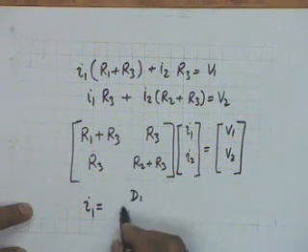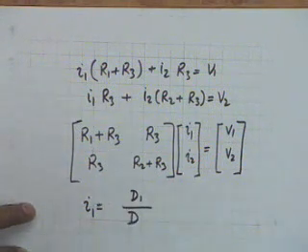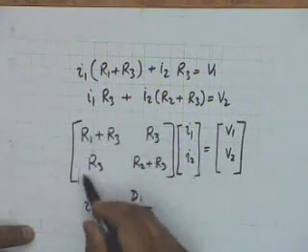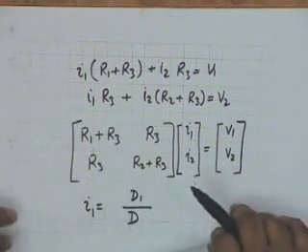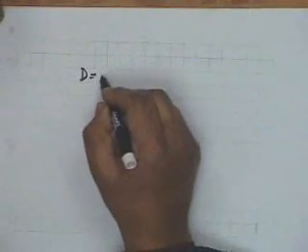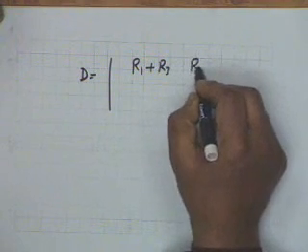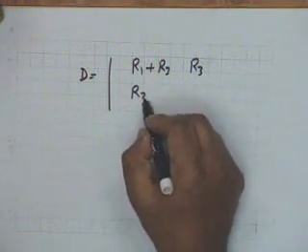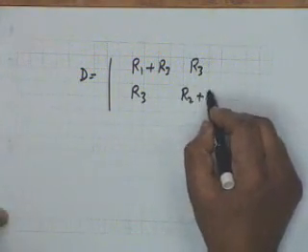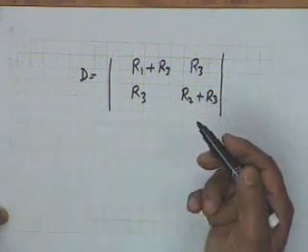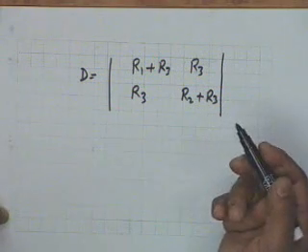D1 divided by D, where D stands for the determinant of the coefficient matrix, that is D is given by R1 plus R3, R3, R3, R2 plus R3. This is the determinant of the coefficient matrix, and you know how to evaluate determinants, alright.